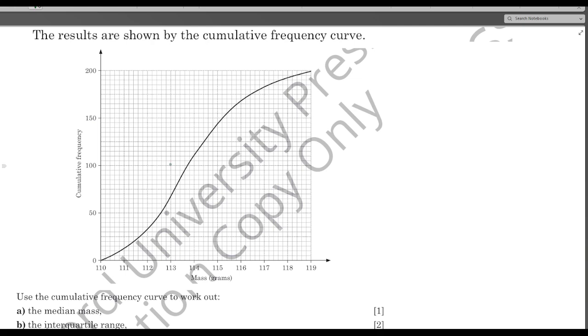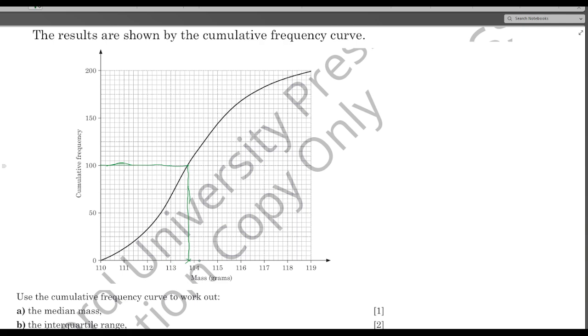So to find the median, from this 100 we will draw one horizontal line and see where it cuts the curve. It cuts the graph here. Now from this point we will draw a vertical line, and we will see where the vertical line cuts the graph.